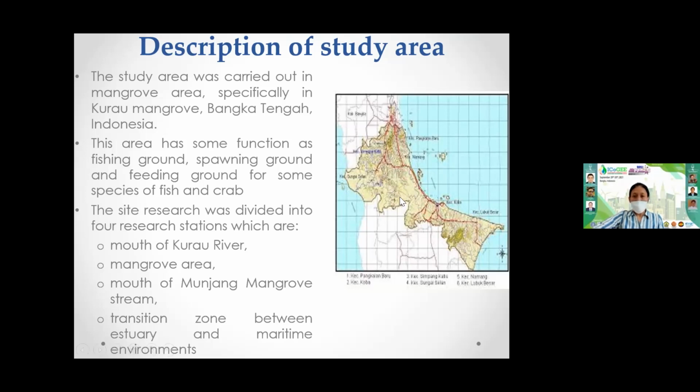The research site was divided into 4 research stations, which are the mouth of Kurau River, the mangrove area, the mouth of Munjang Mangrove, and a transition zone between the estuary and the marine environment.